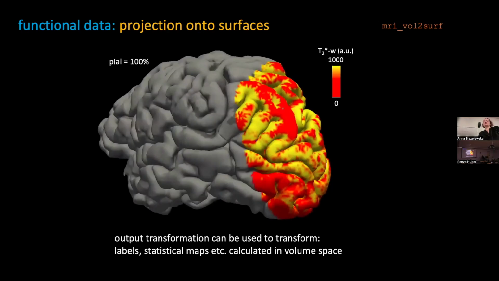What's important to keep in mind is that we can obviously project this fMRI data that we aligned with the anatomical data, but we can also use the same transformations to project anything: labels or regions of interest that we created in the volume space, statistical maps that we calculated in the volume space, you name it. Anything that was in the same space as the EPI can be converted.